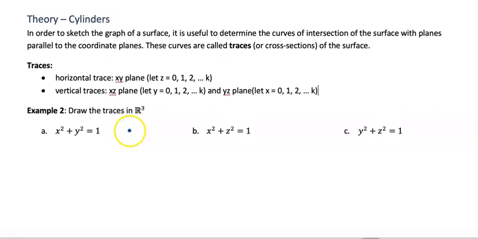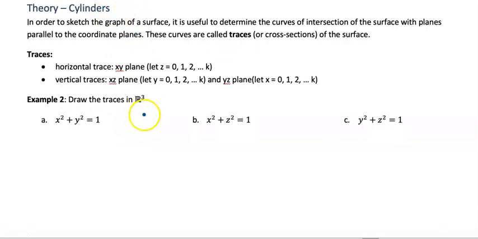Now we're told that we are on the section of cylinders. Now how do we know something is a cylinder? Well, let's look at these 3 different equations, and what do we notice? Well, we've got an x and a y squared term, but we're also missing a variable. This first equation is missing z, this second equation is missing y, this third equation is missing x.